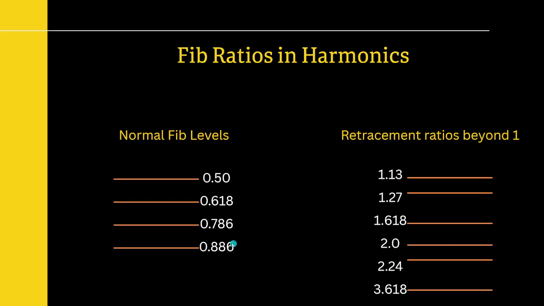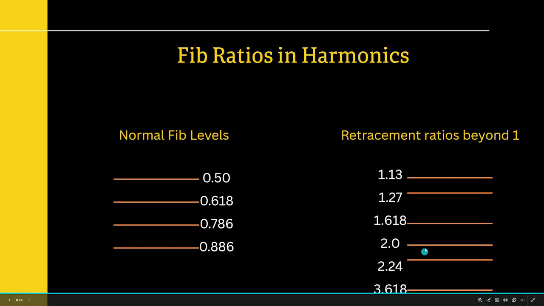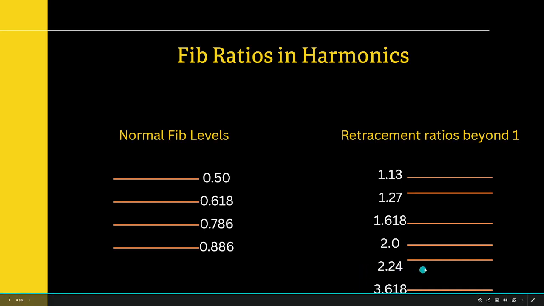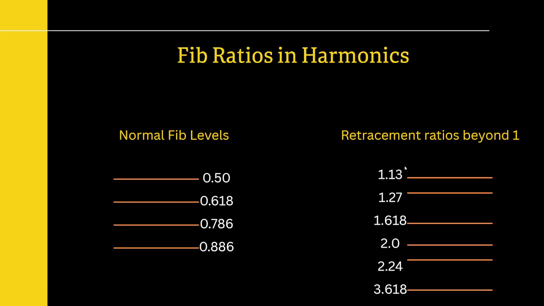All you need to do is add the 0.886 for the harmonic patterns, and also beyond the one you need to add the 1.13, the 1.27, 1.618, the 2, 2.24 and the 3.618.